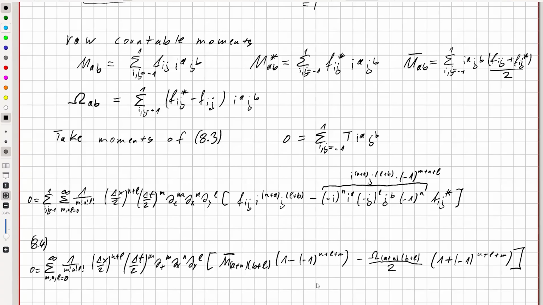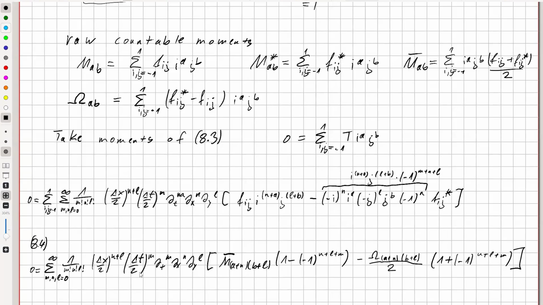Okay, now this is the Taylor expansion in moment form, in average moment form, for the lattice Boltzmann equation. And so you can do a lot already from this form.